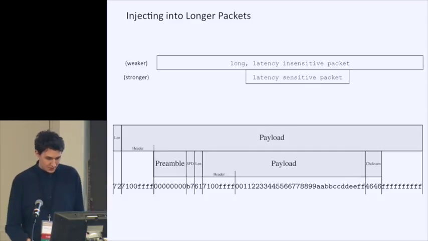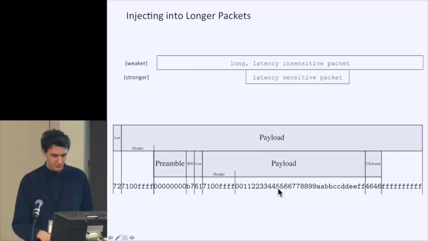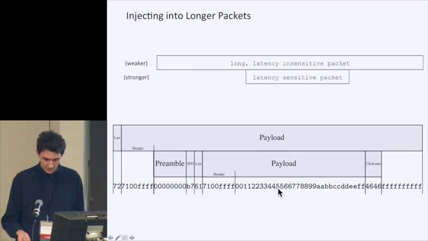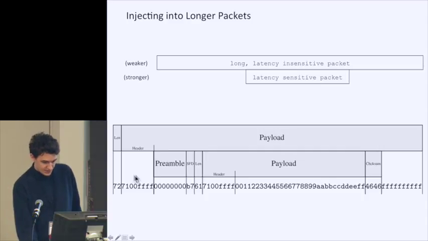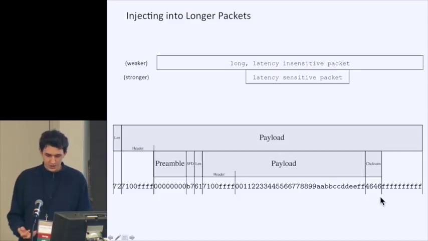For our example, we just had the longer packet filled with the F symbol, and then in here we have this stronger packet, which has a payload of pairs of 1s, 2s, 3s, and so on, which will be handy to look at in a moment. If the receiver actually receives this mixed string of symbols, it can figure out that some packet was injected by looking for the preamble in this packet, so this whole 0 thing, and then the start of frame delimiter, checking the bytes behind this, and then can even confirm with the checksum that this injected packet was properly injected.